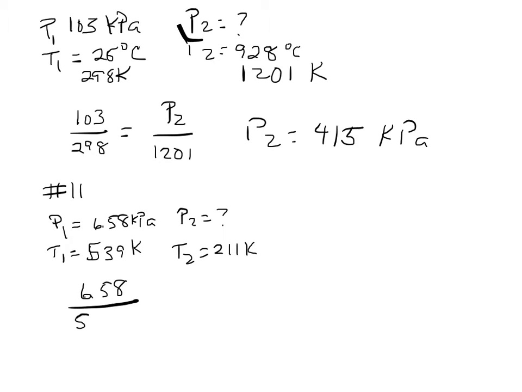6.58 over 539 equals P2 over 211. Cross multiply, so 6.58 times 211 divided by 539 equals P2, which is 257, which is less than half of what it was before.